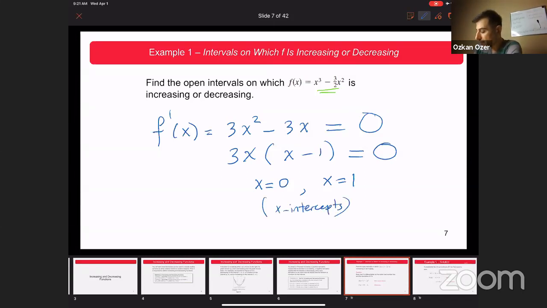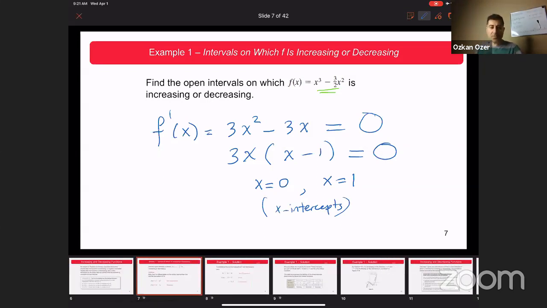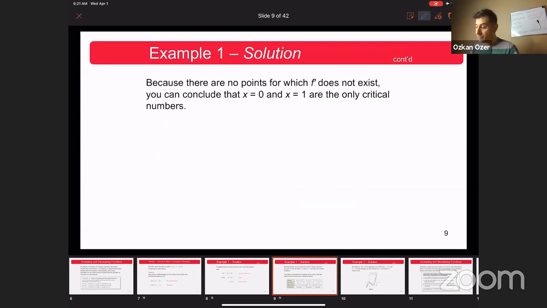Okay. So at this moment, we know the x-intercepts, but we need a sign chart. We need to know the sign of f prime on different intervals. So for that reason, I'm going to go ahead and have a sign chart. Since x equals 0 and x equals 1 are the critical numbers, that's also telling us that since we solved f prime equals 0, whatever x comes out of that is a critical number.